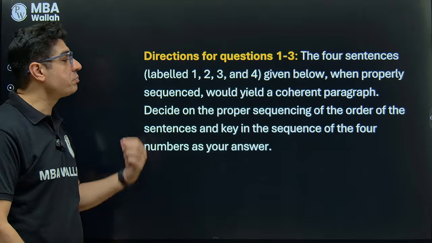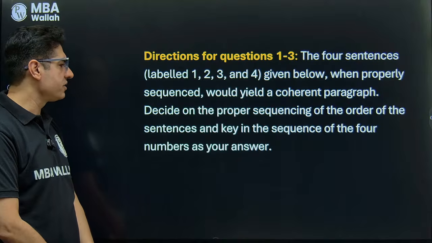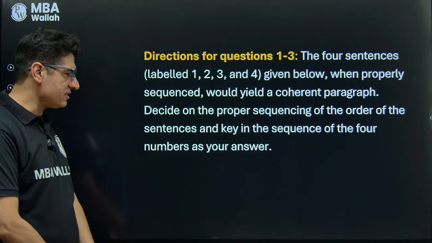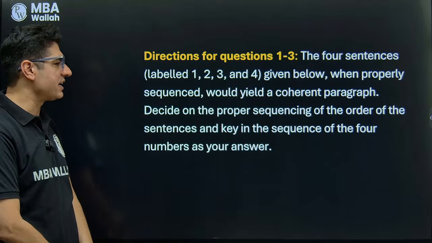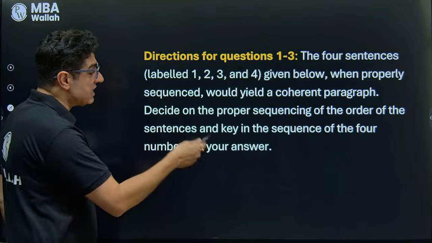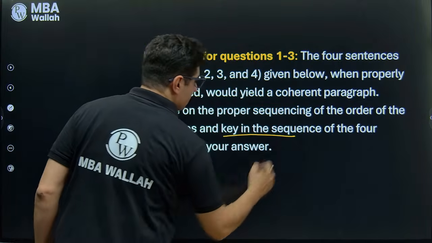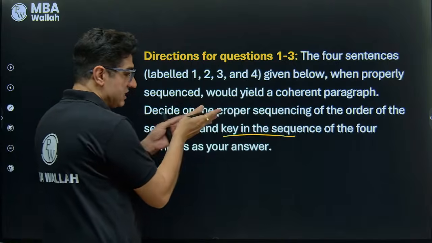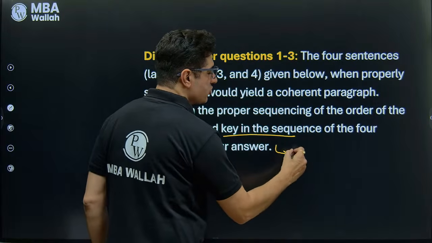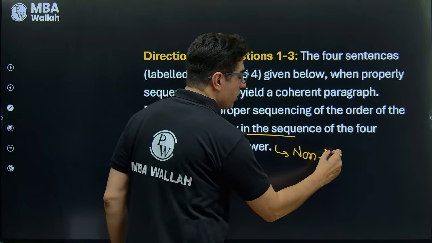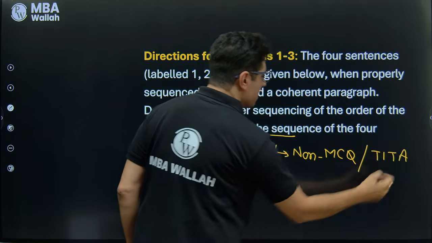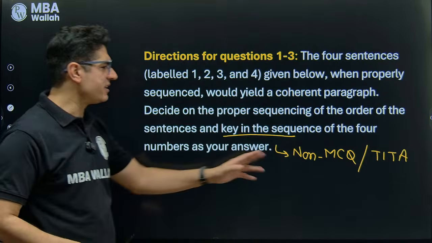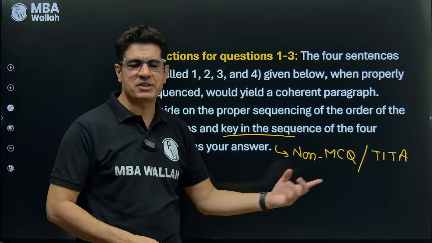Decide on the proper sequencing of the order of those sentences, and key in the answer. This is the important part. When you see this, you know that the question is a non-multiple choice question, which is also popularly called TITA because of this tendency to type in your answers.